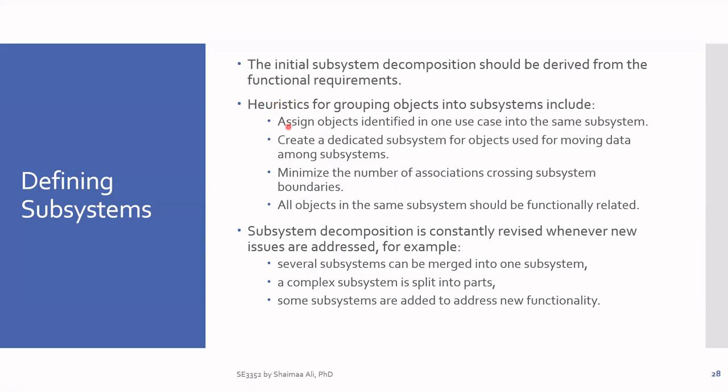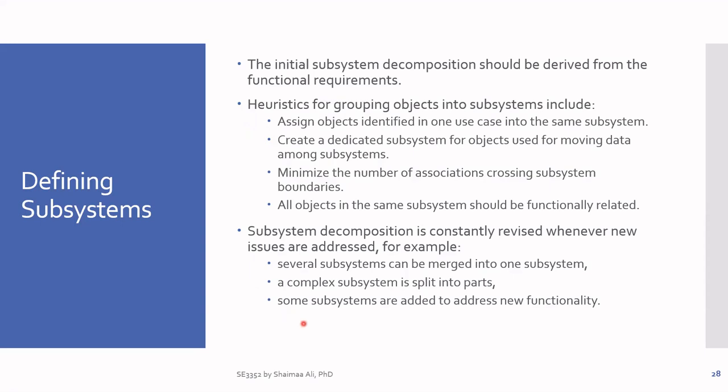We're going to use some of these heuristics to begin with. You can try any logical grouping, or there's another heuristic that we're going to mention now. But this is just the initial cut, the first attempt, and subsequent attempts might involve merging existing subsystems or splitting complex subsystems.